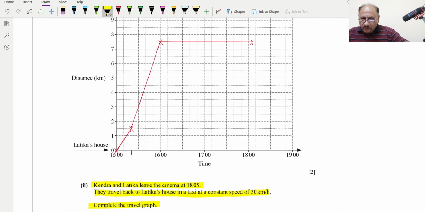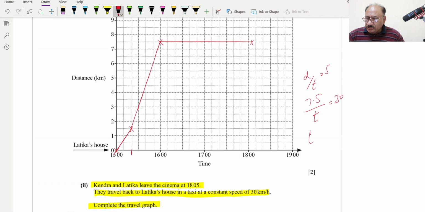Complete the travel graph. So 30 kilometers per hour is the speed, so we can calculate the time taken. Distance over time will be equal to speed. So 7.5 is the distance, and the time taken we need to find, and 30 kilometers per hour is the speed.